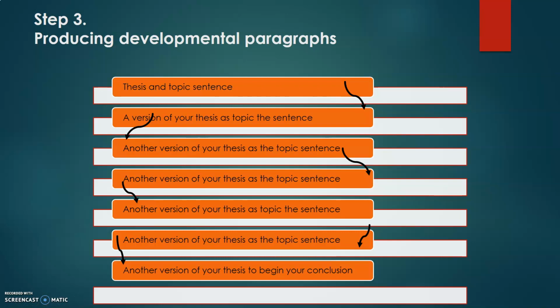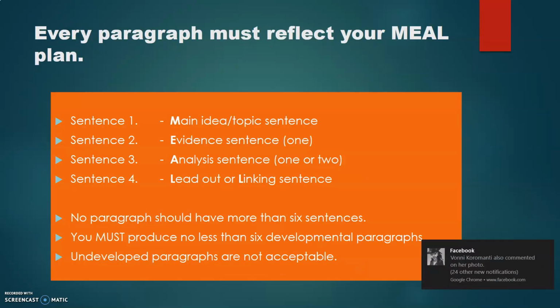And it's the thesis that holds the essay together, because you'll find that your thesis is threaded through every paragraph until you get to the conclusion of your essay. That's the only way you're going to achieve coherence. All right? Next slide.